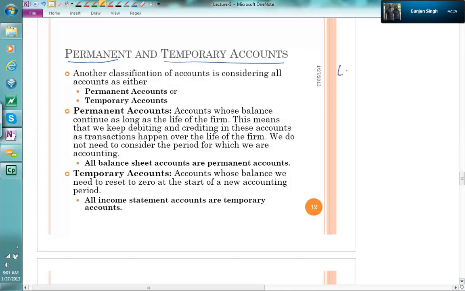Suppose there is an account that comes under property, plant and equipment. Will this account be zero every period, so that we start fresh, or will it keep continuing from one period to another?